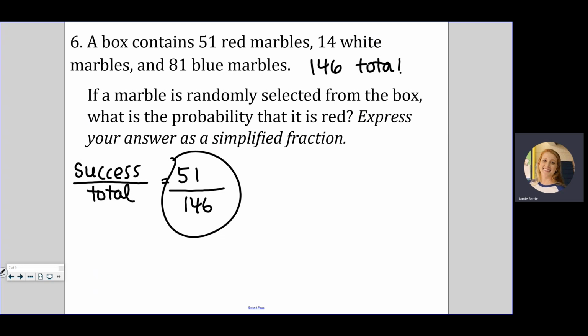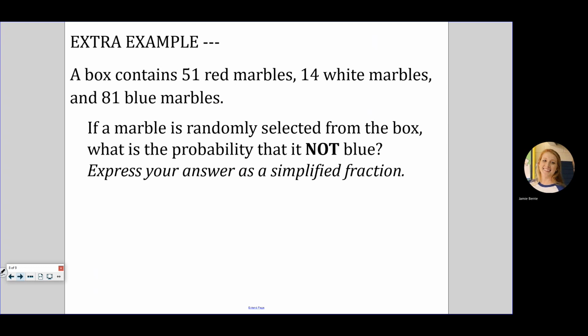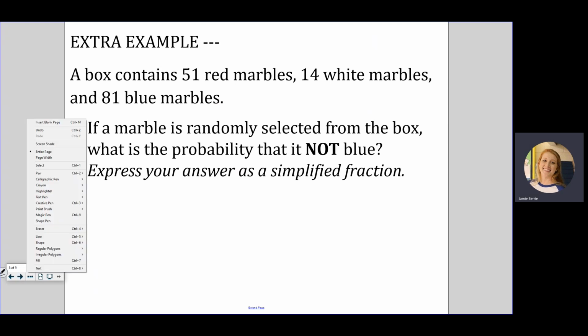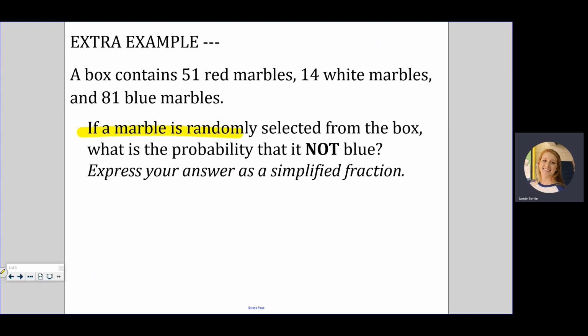Now, I was thinking yesterday about how could they make this harder on Hawks. The only thing I could really come up with is, this is an extra, the beginning part of this slide is the same. But I thought they could ask you, what's the probability that it's not a certain color? So what's the probability that it's not blue? You would add up the red and the white. That would be your success, getting something that's not blue.